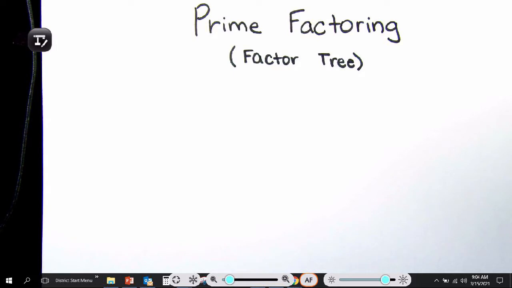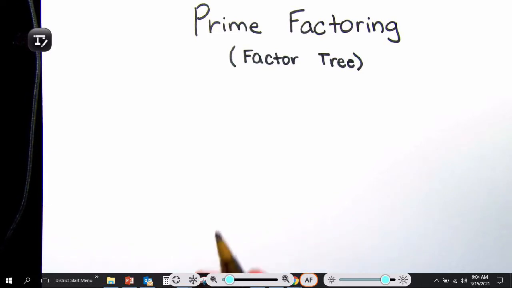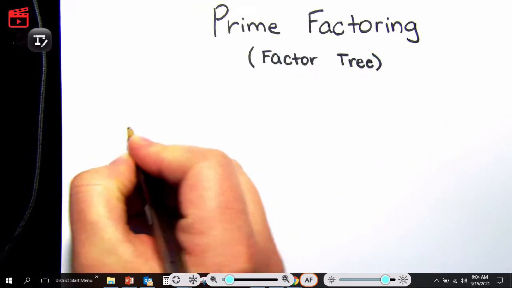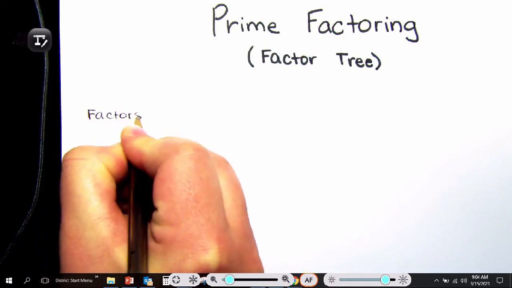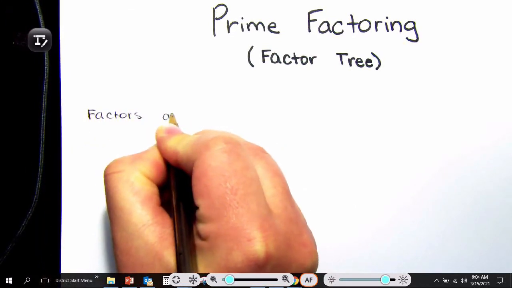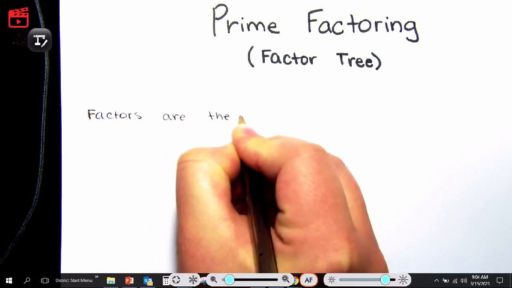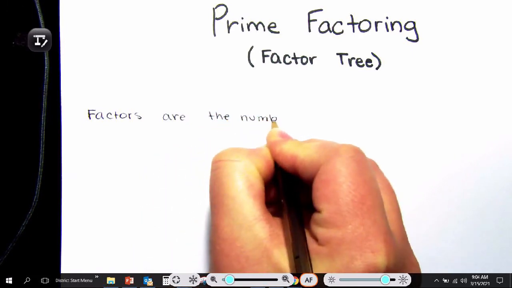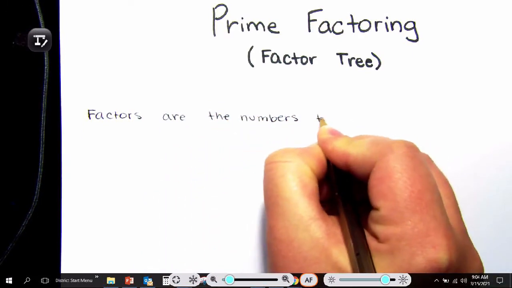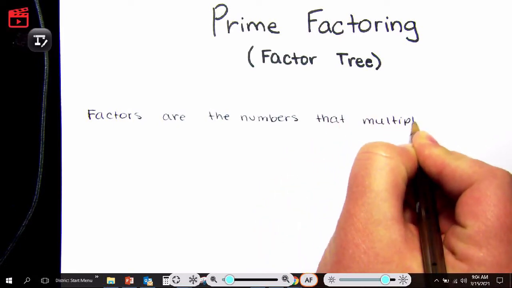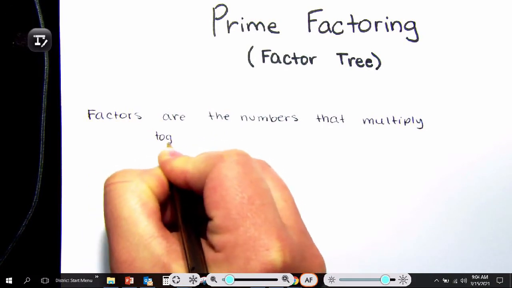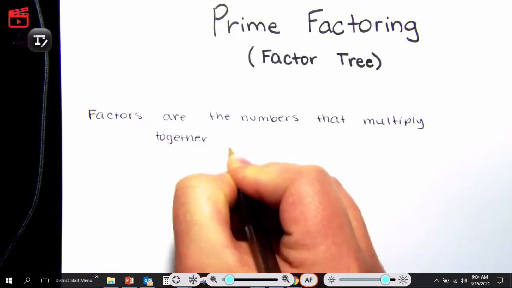A factor, or factors, plural, are the numbers that multiply together to get another number. So for example, let's write that down. So factors are the numbers that multiply together to get another number.